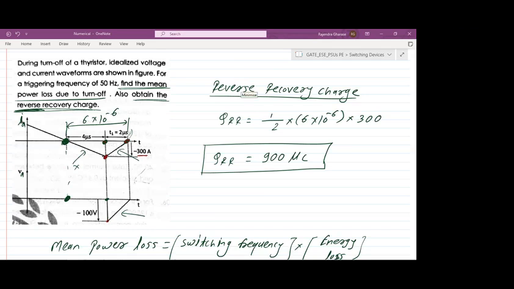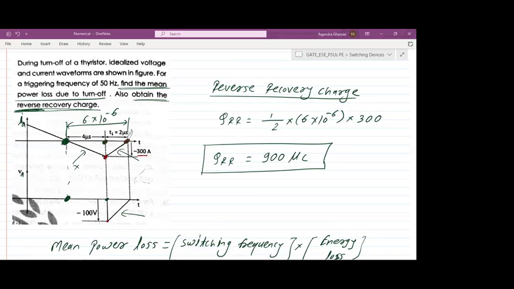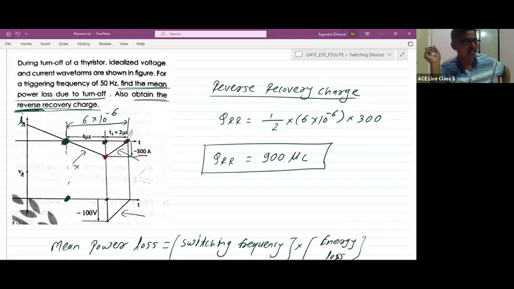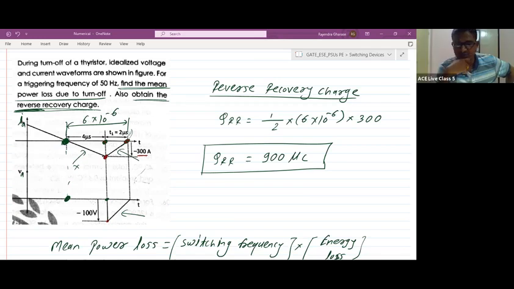Sir, what is the difference between domestic switches and electronic switches? Domestic switches means whatever we use in our houses, the switchboards and on-off switches, which are mechanical switches. And electronic switches means whatever we have studied now: BJT, MOSFETs, and SCR.